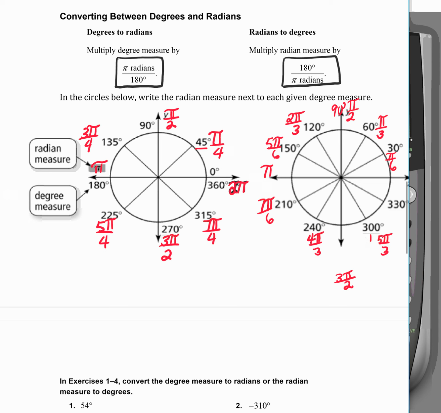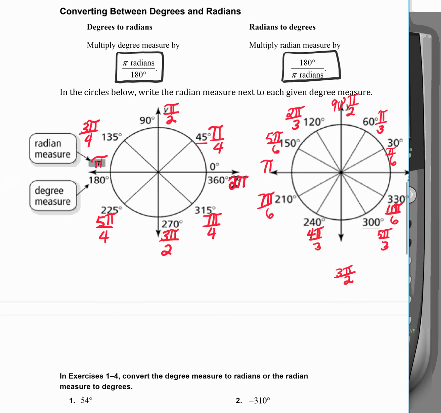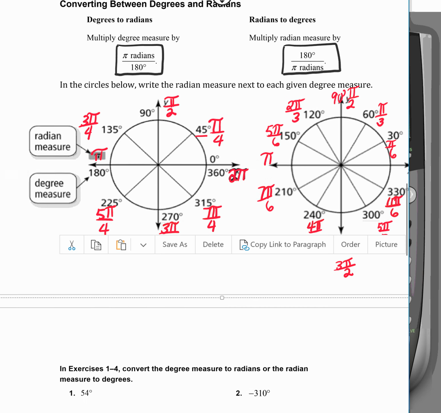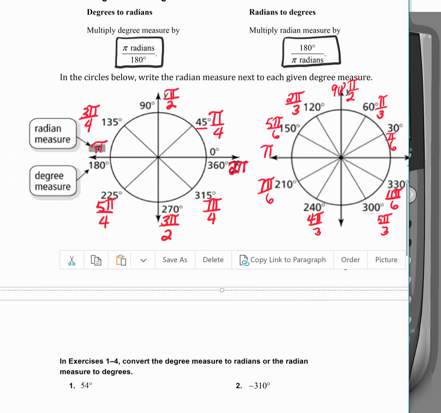And after 10 pi over 6, we have 11 pi over 6 for our last important angle. These are the circles and angles you want to really familiarize yourself with. They will carry you throughout your trig process later on.